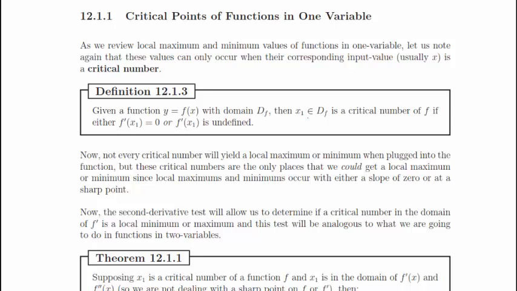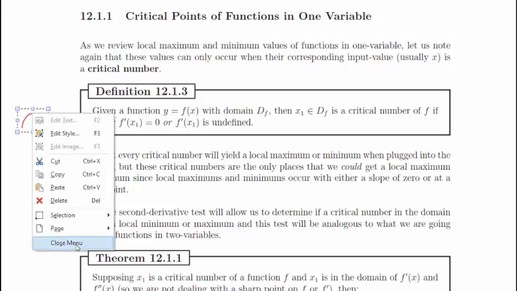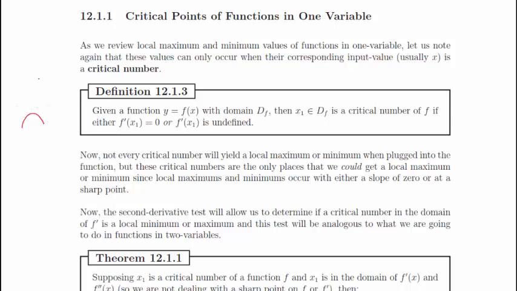So the reason that this is where we could get our local maximums and minimums is because if I have a maximum, then it's either, I'll just talk about this for maximums, and it's all symmetrical if we're talking about minimums. If I have this y value at the top of this hill that is a maximum value, then the slope here is 0.